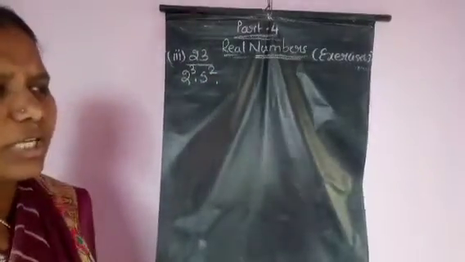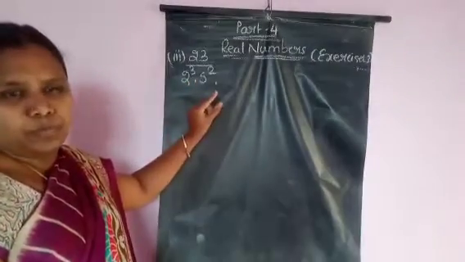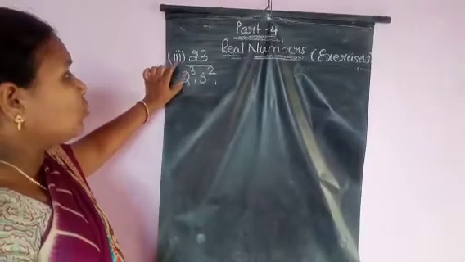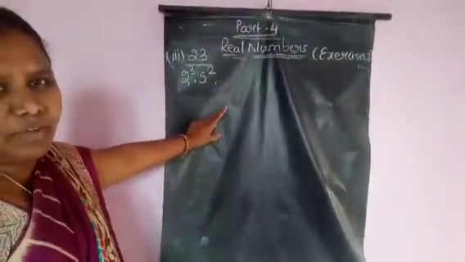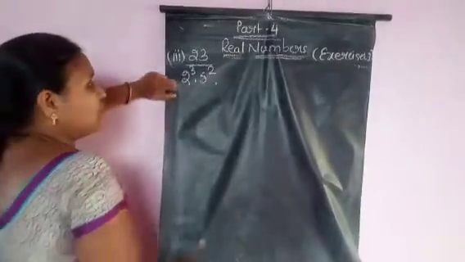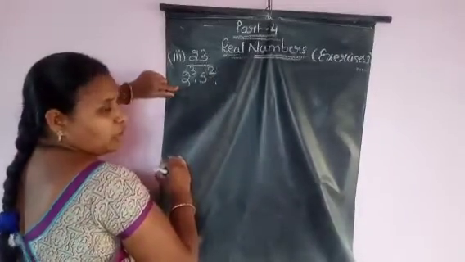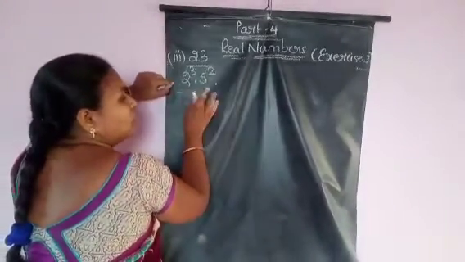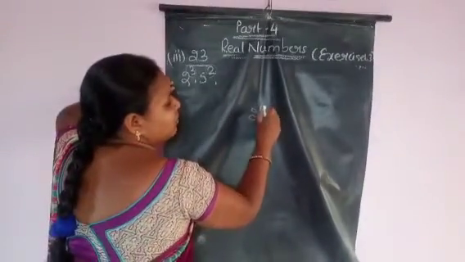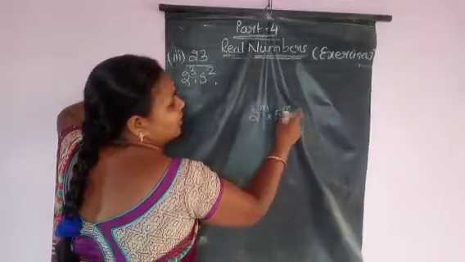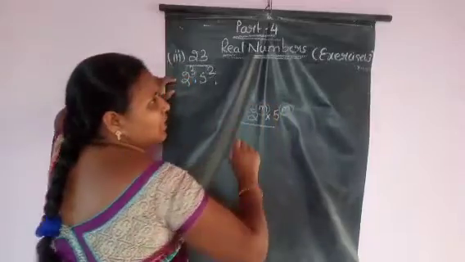Okay, by using theorem 1.4, first we have to check the denominator q. The q is of the form 2 to the power of m into 5 to the power of n. But here the 2 power is 3 and the 5 power is 2. To convert this into a terminating decimal expansion, we need 2 to the power of m into 5 to the power of m. That means we need the exponents to be the same.